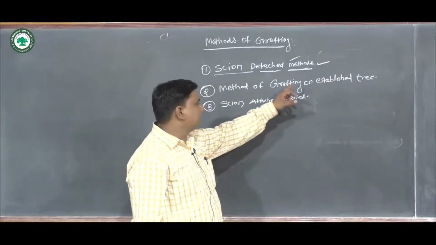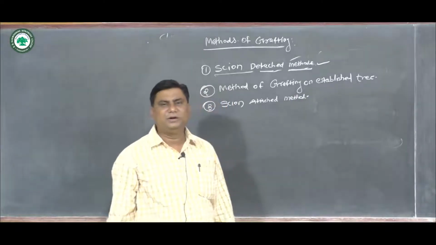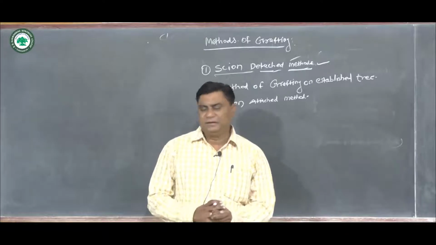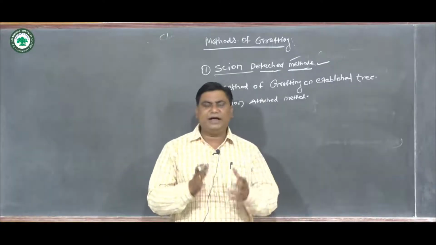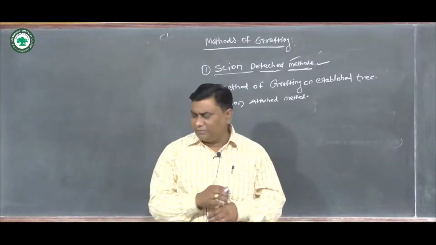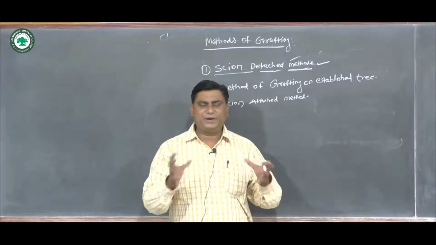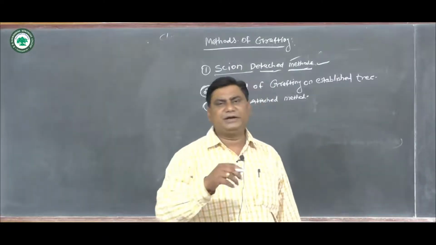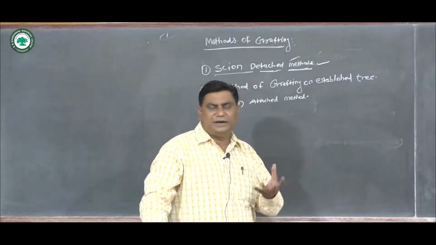Then methods of grafting on established tree. These are the methods which can be successfully adopted to convert the inferior crown of the established plant into a superior crown.